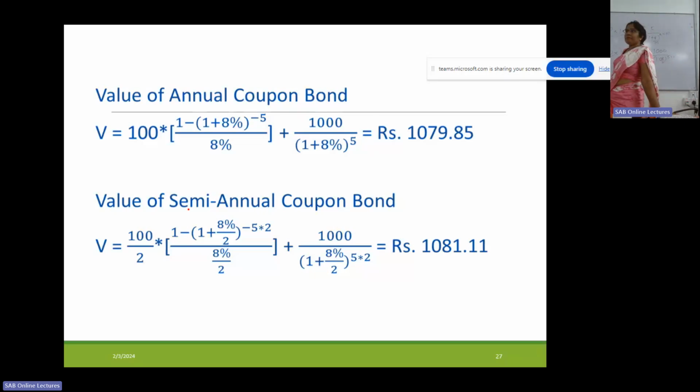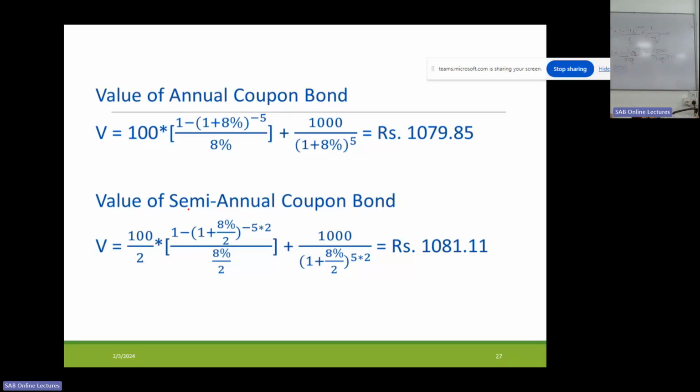For the same bond, if the coupon is paid semi-annually, you wish to pay 1081 rather than the annual one. If the coupon is paid annually, the amount you wish to pay for this bond is 1079.